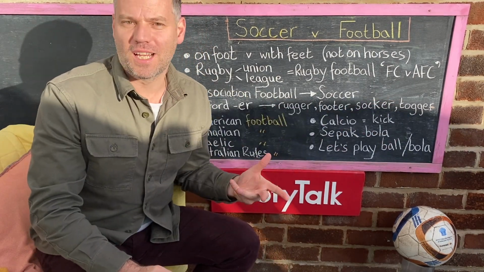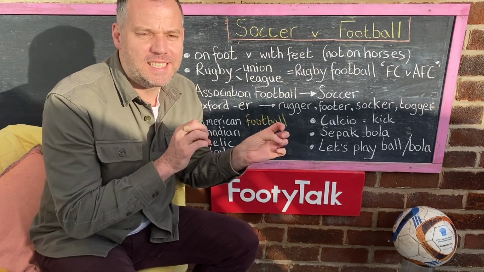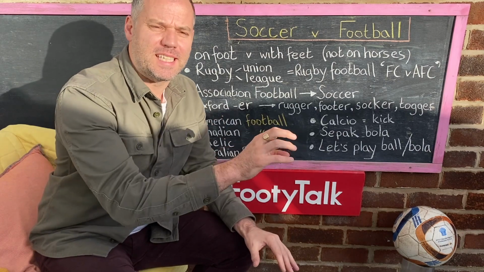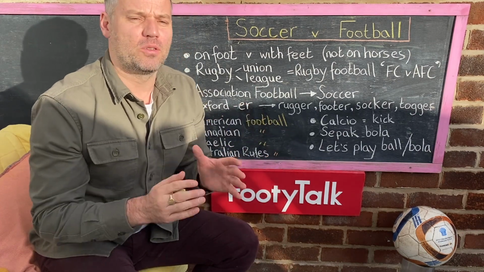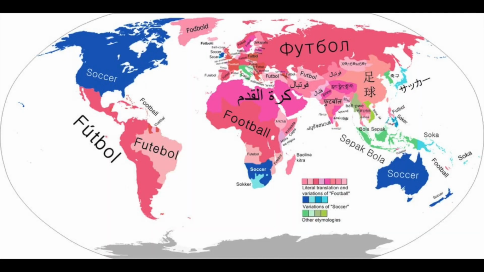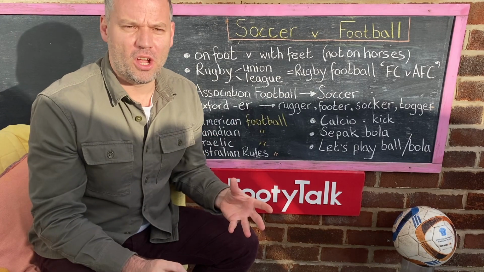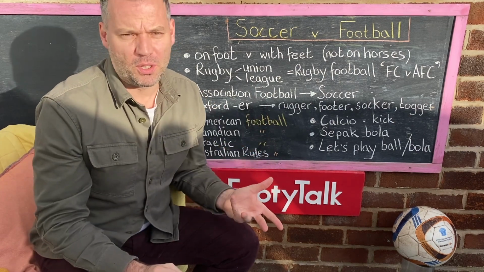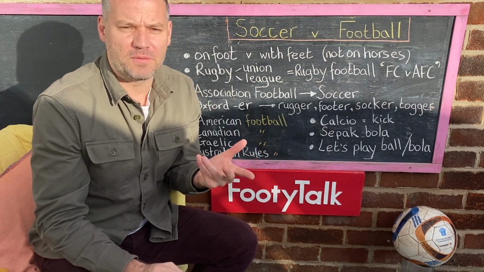So in different countries around the world, to differentiate between the different types of football, they use the word soccer. Countries like Australia, New Zealand, Japan, South Africa, America, Canada, they use the word soccer because in those countries they already have a football and it's a different type of sport.